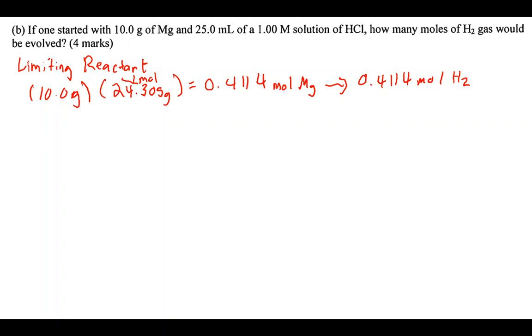Now we need to do the same for the HCl. In this case, they give us a volume and a concentration. The volume is 25.0 milliliters. But remember, big M in a concentration means moles per liter, so we want to convert this into liters.